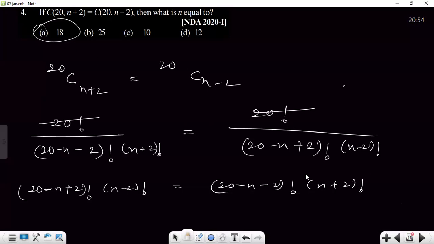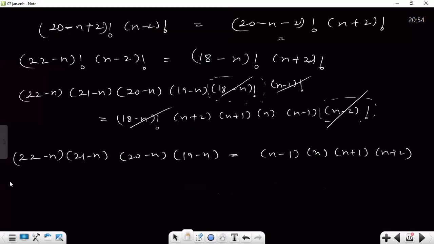Option A is n equal to 18. So n becoming 18, 22 minus 18 is 4, 21 minus 18 is 3, 20 minus 18 is 2, 19 minus 18 is 1, which should equal (n-1) into n into (n+1) into (n+2), that is 17 into 18 into 19 into 20.